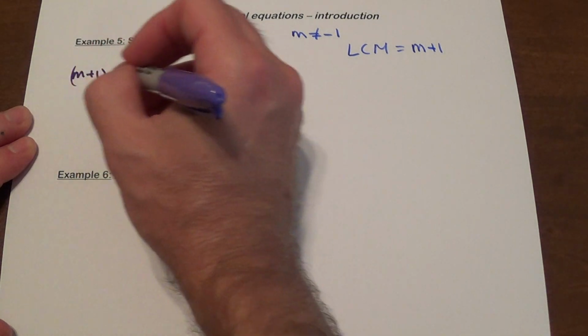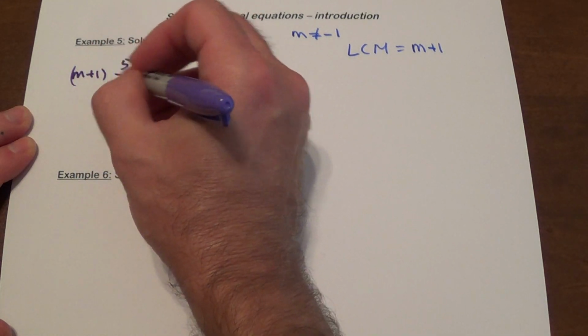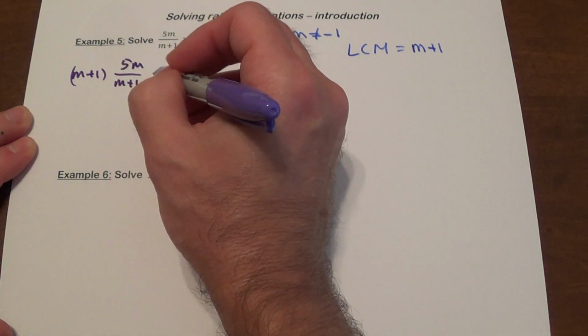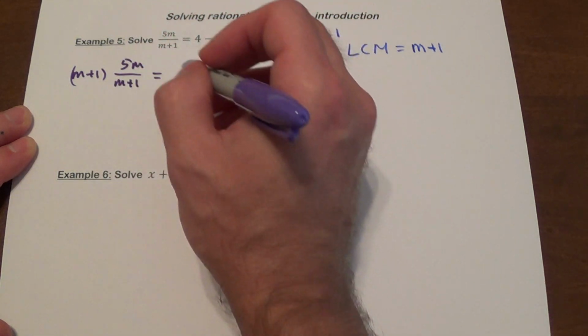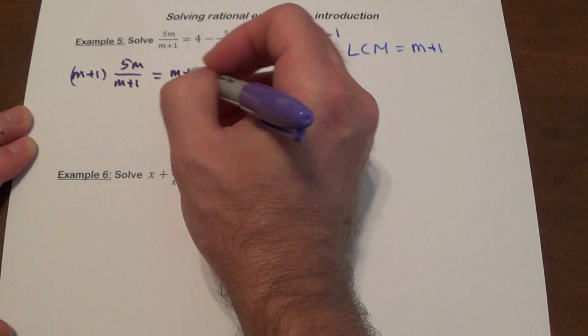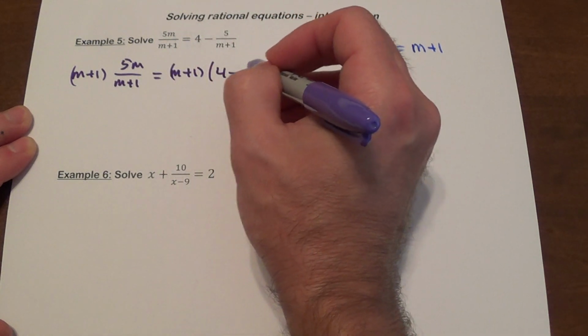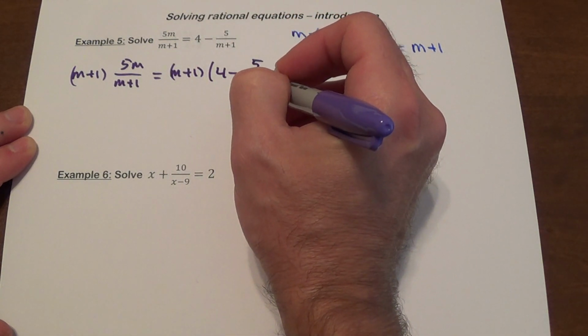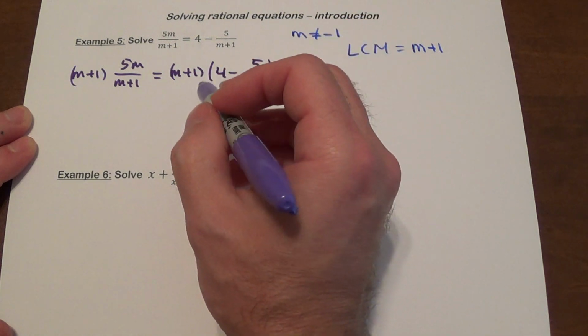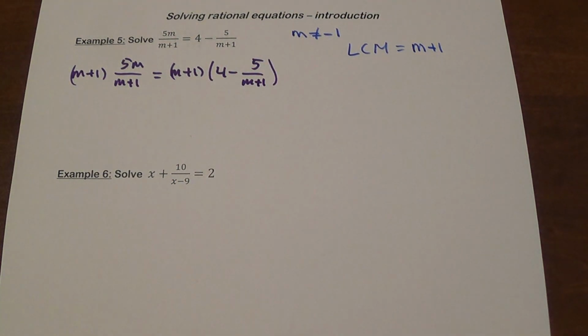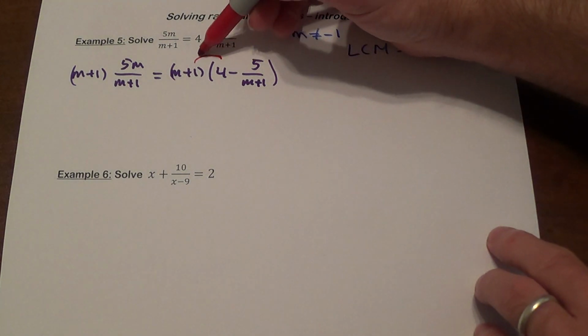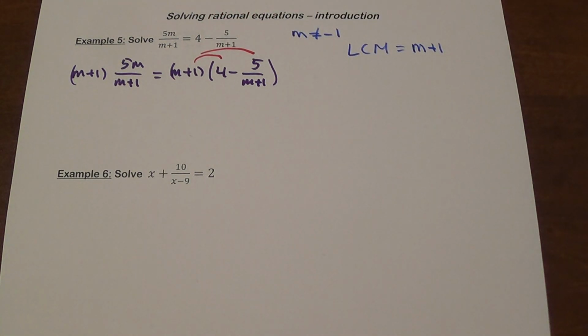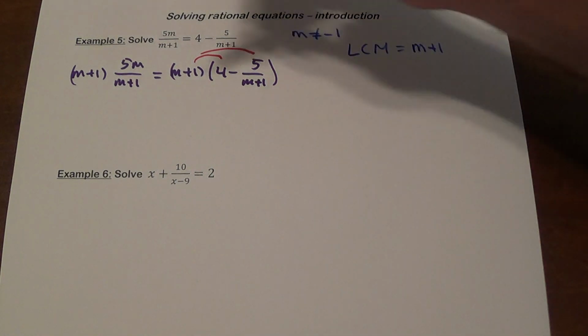M plus 1 times 5m over m plus 1 equals, multiply the other side by m plus 1. Okay. Here we're going to have to distribute where we have parentheses. All right, like that. On the other side, m plus 1 is going to cancel.